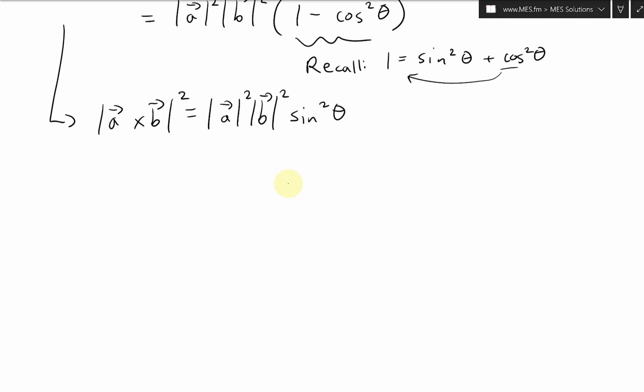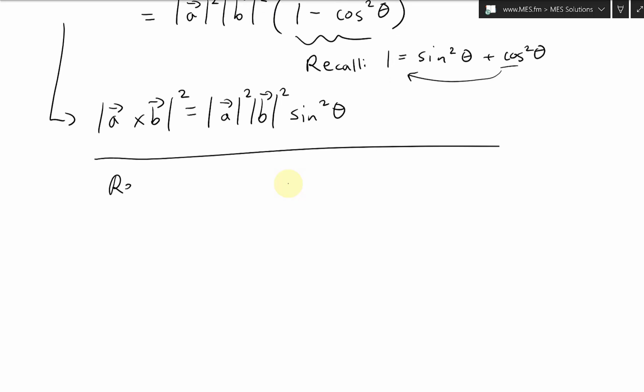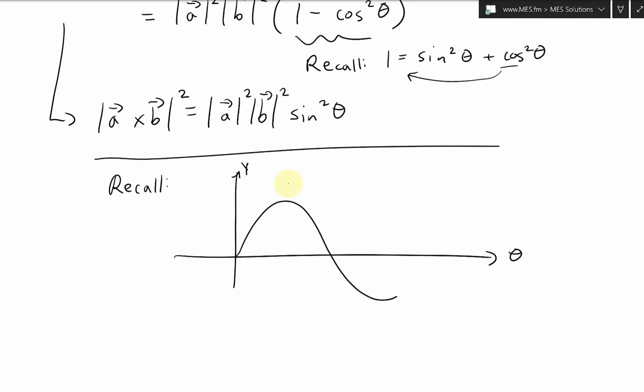It's positive for theta between 0 and pi. If this is theta and this is y, this is the sine theta graph, positive from 0 to pi.